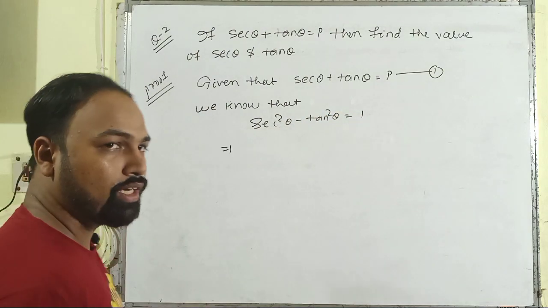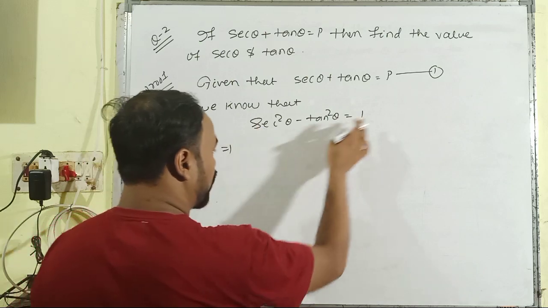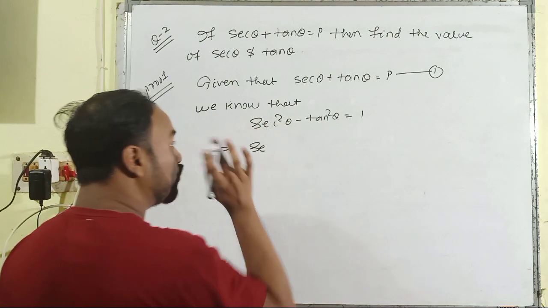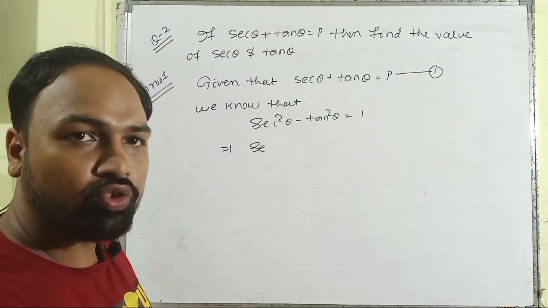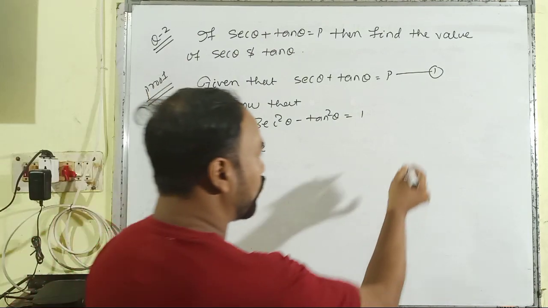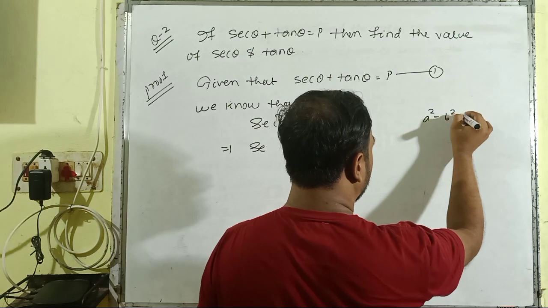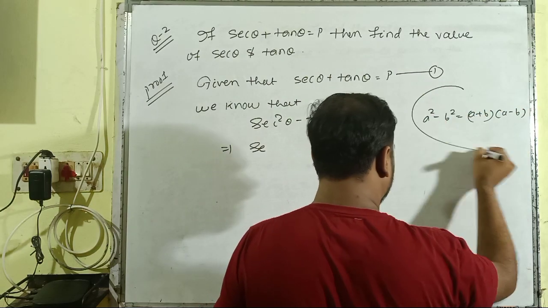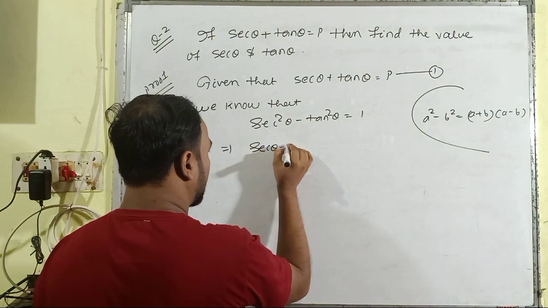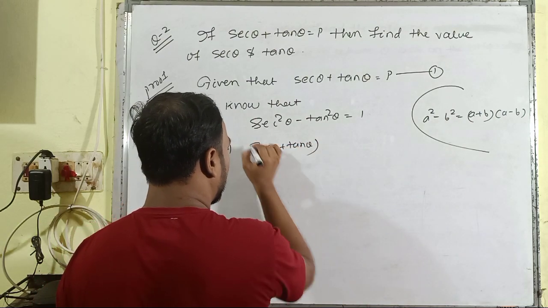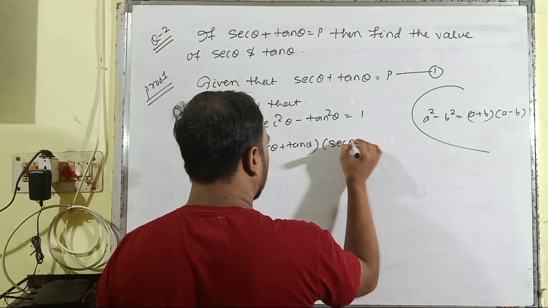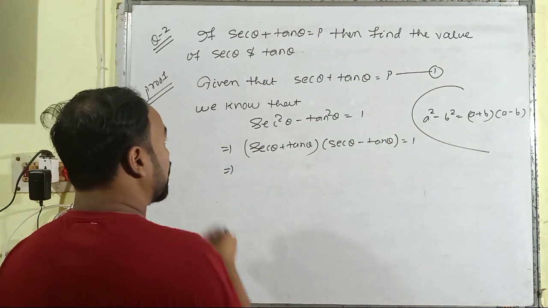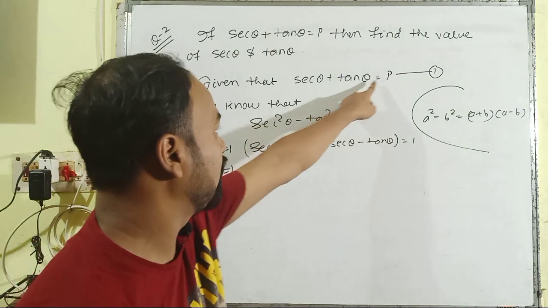This is trigonometric identity number 7. Then by using the algebraic identity a square minus b square equals a plus b multiplied with a minus b, here it is sec theta plus tan theta multiplied with sec theta minus tan theta, and this is equal to 1. Then the value of sec theta plus tan theta is p.